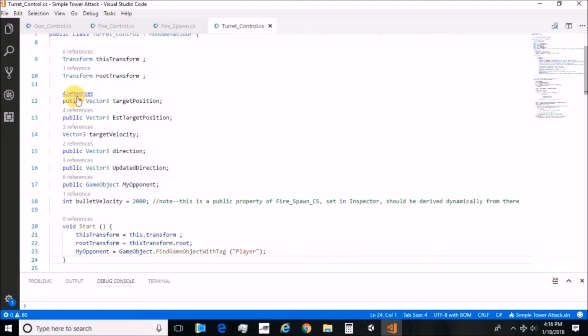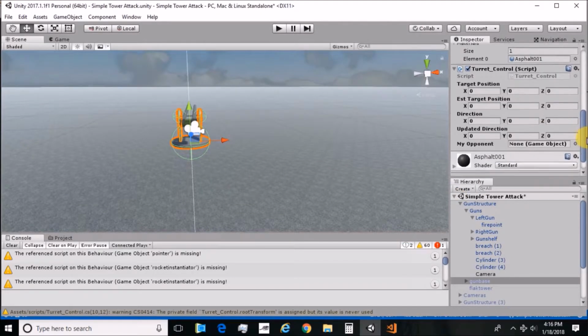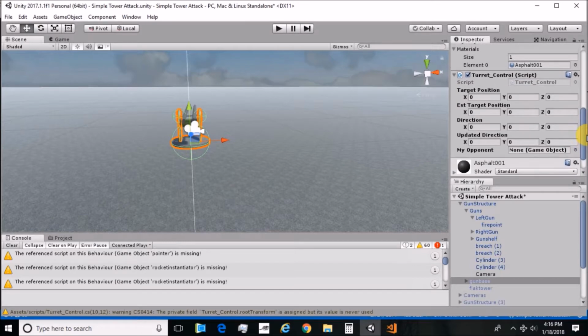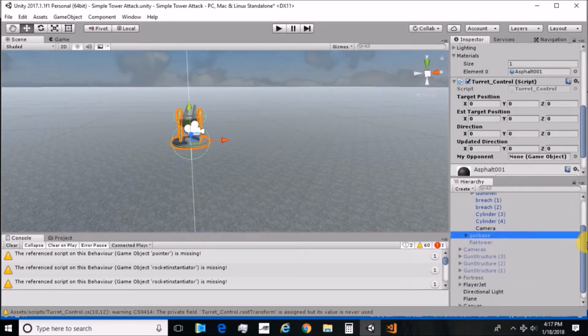Now notice that I've made most of these things public game objects, which has the effect, if we look at turret control here, of exposing all of these in the inspector. And it would be possible, since we know that my opponent is going to be this player jet, I could simply drop the player jet object right there into my opponent slot, and then I'd have a reference to it.